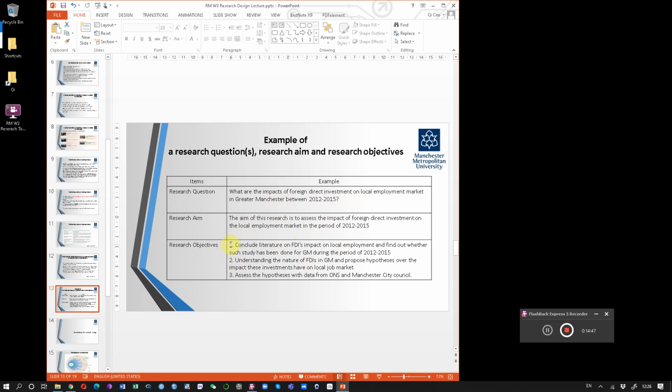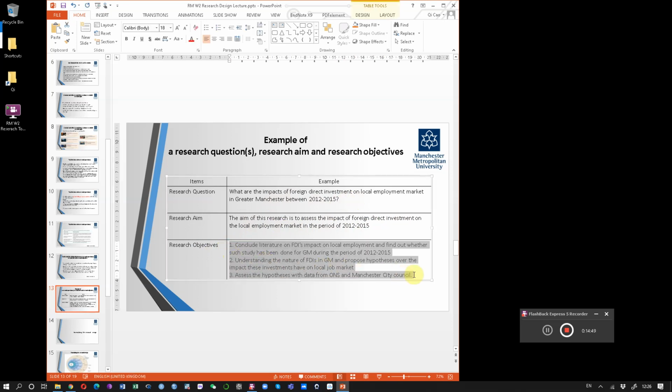But research objectives are more detailed. Now we have a longer list. Research objectives quite often are longer lists of what you're really trying to test. First of all, what we're trying to achieve is to review the literature on FDI's impact on local employment and find out whether such a study has been done for Greater Manchester during the period of 2012 to 2015.